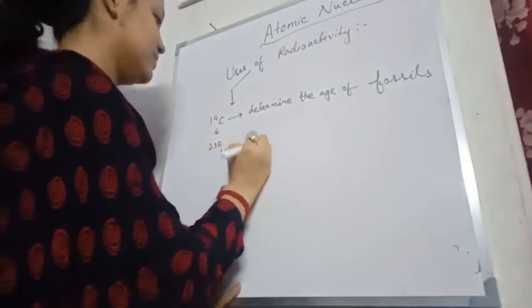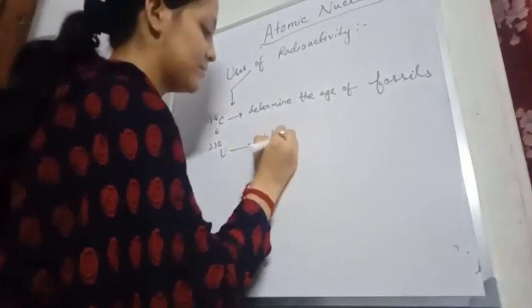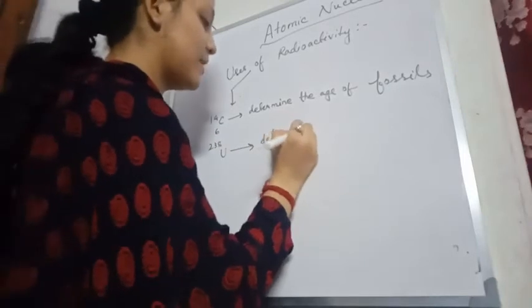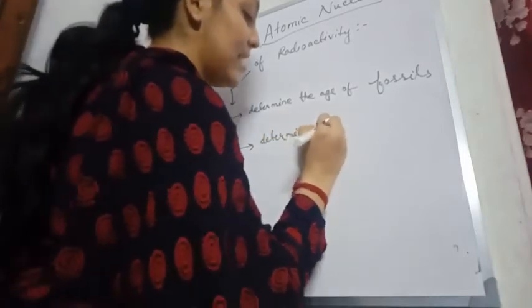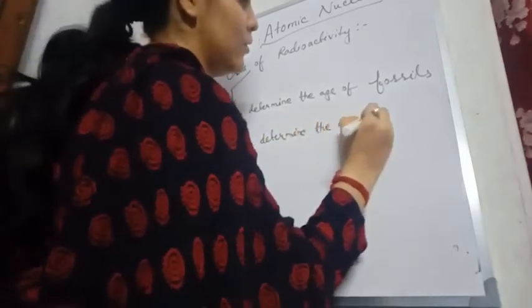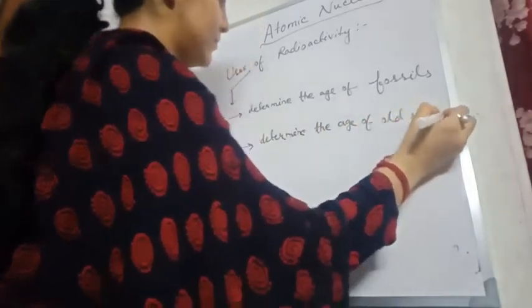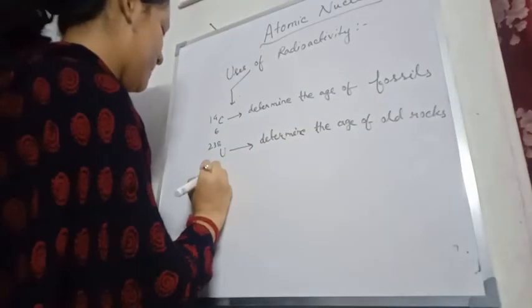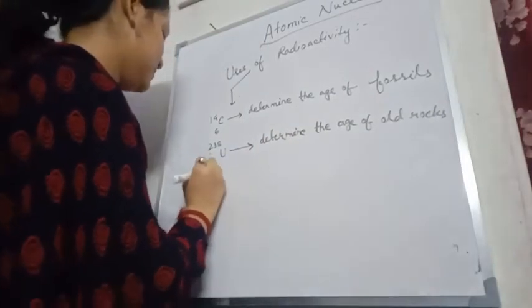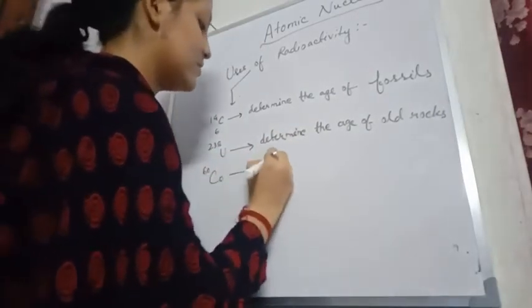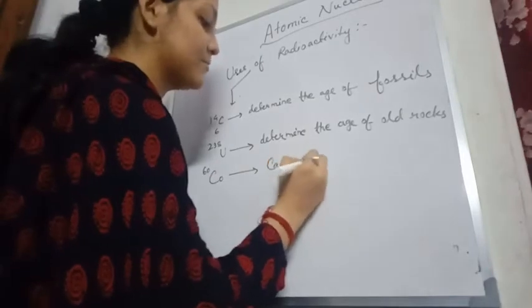Uranium 238 determines the age of old rocks. Cobalt 60 is used for cancer treatment.